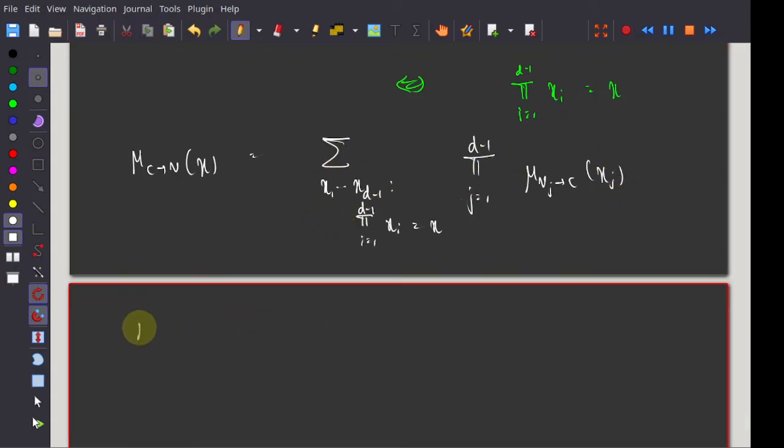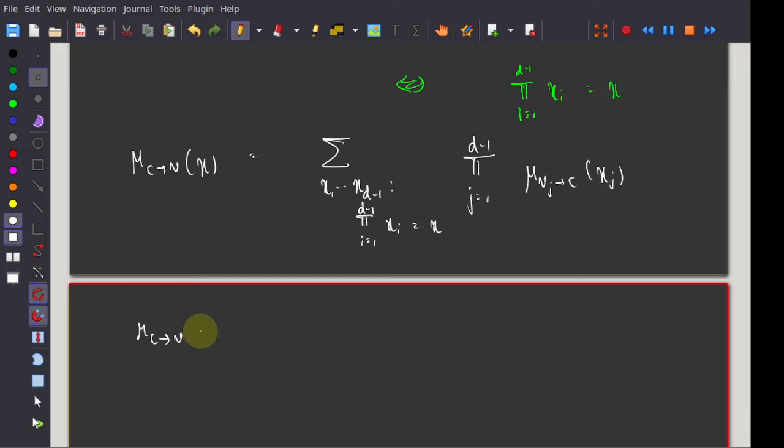Now, let us look at our mu_{C to V}. We basically want to bring this mu_{C to V} to an R_{C to V}.